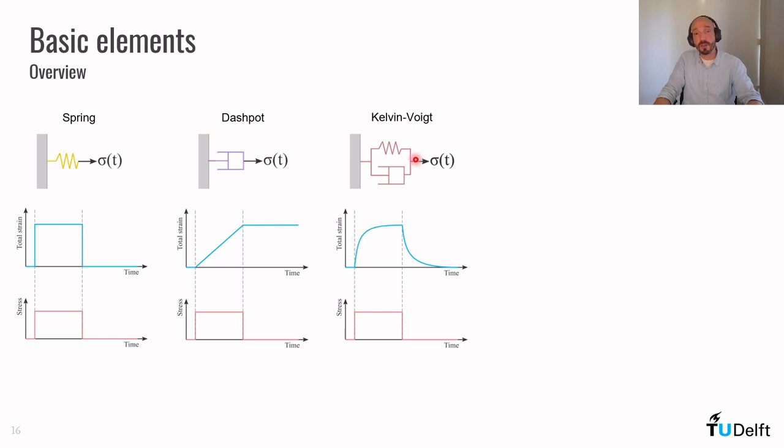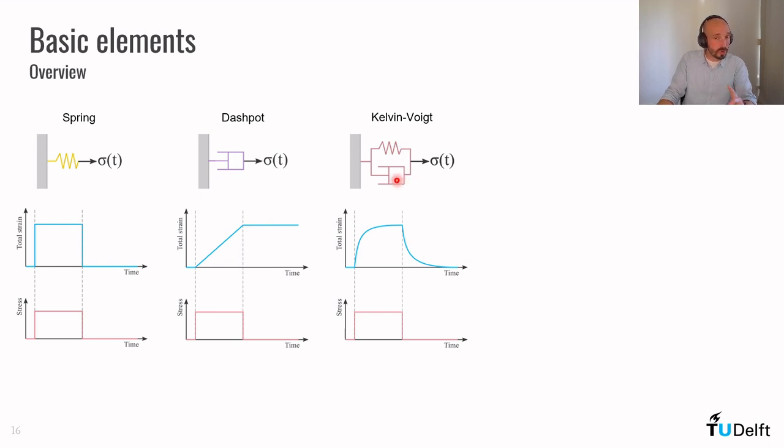And when we remove this external load, the spring will force everything to come back to its initial position, but it's not instantaneous because this dashpot introduces a time dependency. It's like the dashpot says to the spring, okay, I will let you come back to the initial position, but within a certain time. It will not happen instantaneously.